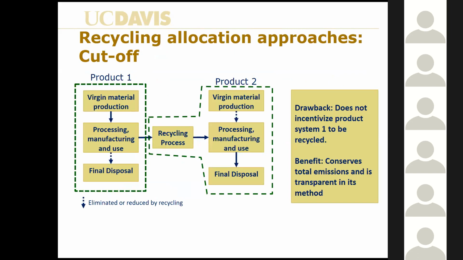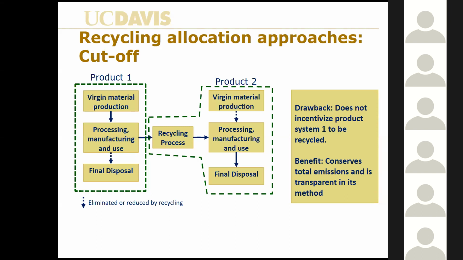And so pictures, I think, are much better than words to describe what's happening. So what I've shown you here is a life cycle of two products that are connected through recycled materials. So this is exactly, you could substitute here virgin asphalt and recycled asphalt if you wanted to apply it directly to this example. And what I've shown here is a cutoff method, where we basically attribute all of the impacts of virgin material production to the first product that uses it.